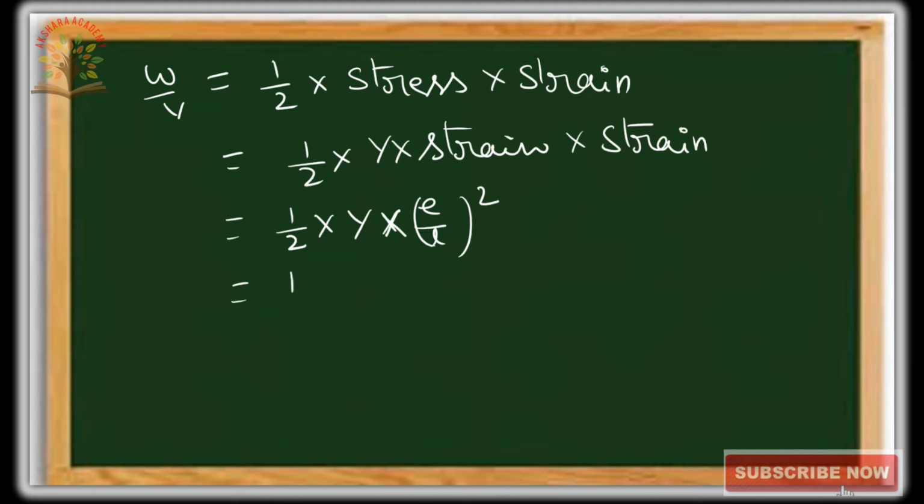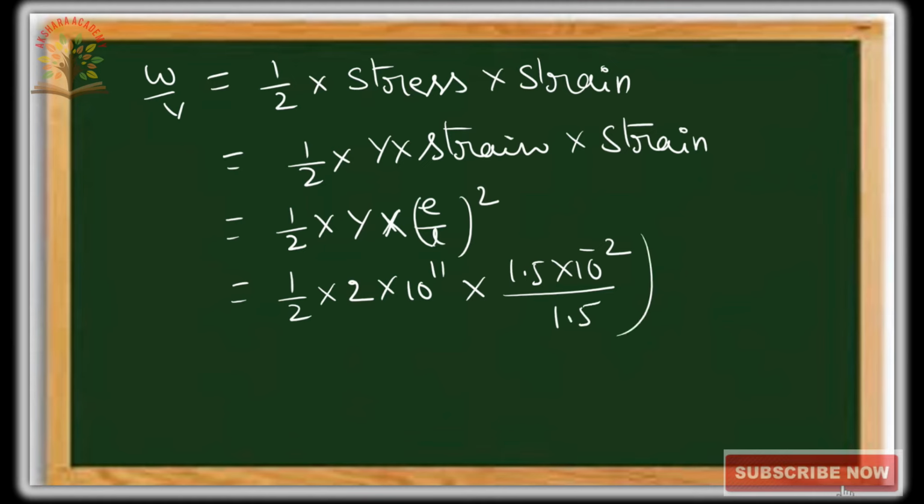Substituting values in this, half into Y value 2 into 10 to the power of 11 and E value, in this question they have given 1.5 into 10 to the power of minus 2, by L 1.5, whole square. 1.5 and 1.5 get cancelled.